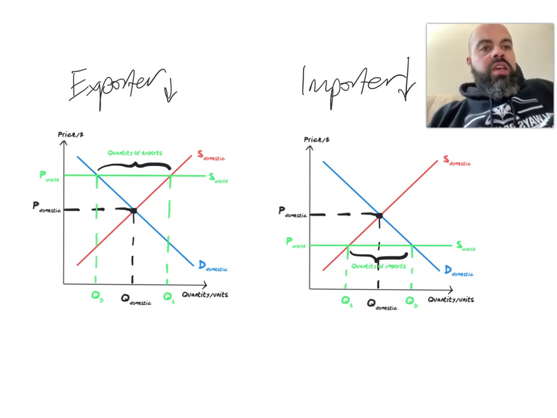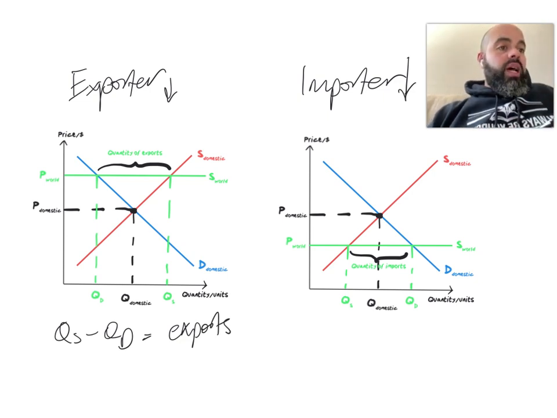In that case, the domestic suppliers will produce QS, while the domestic consumers will only buy QD. The difference between QS and QD is the quantity of exports. So remember, QS minus QD is equal to the quantity of exports.